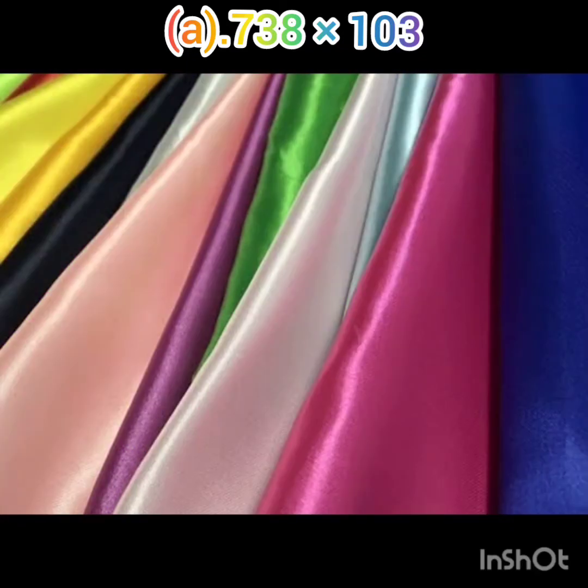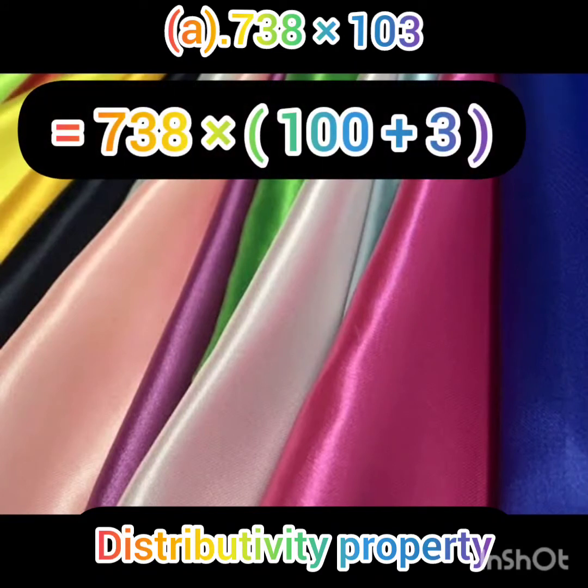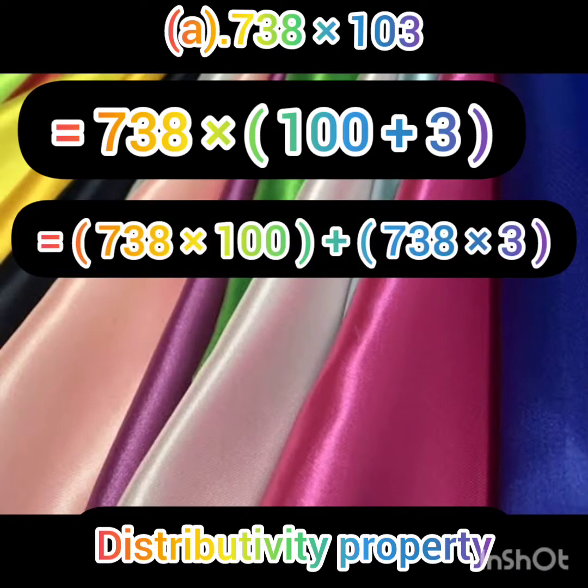Question number 4. Find the product using suitable properties. A. 738 into 103. Now let's apply distributivity property. 103 can be written as 100 plus 3. Now let's multiply 738 with 100 plus 738 with 3.